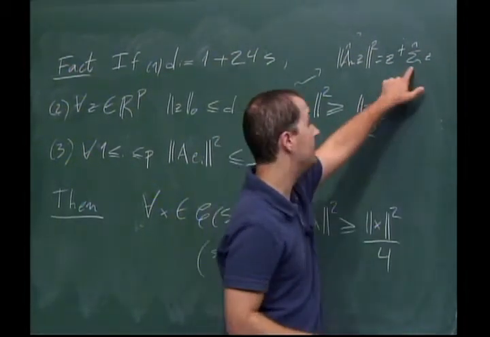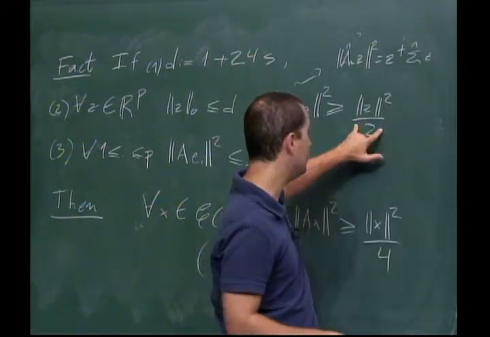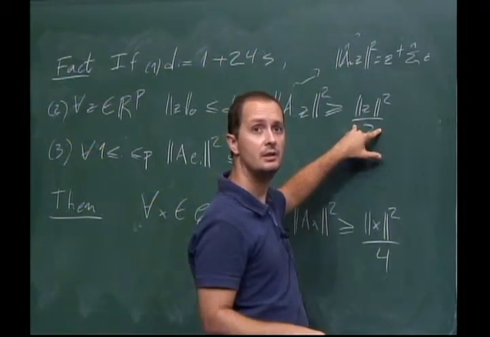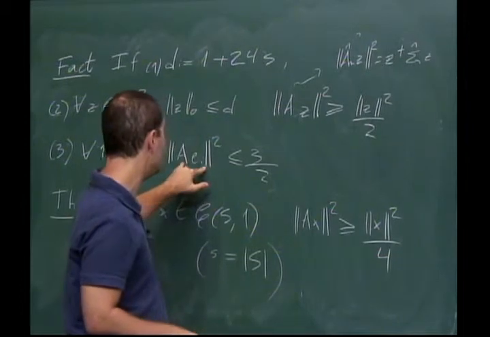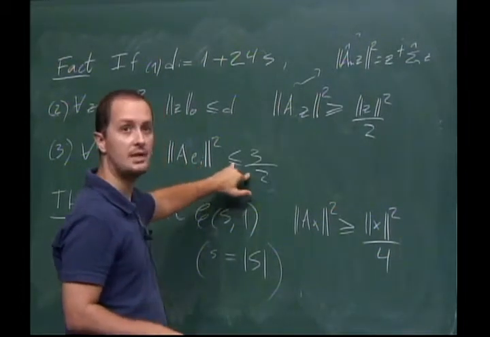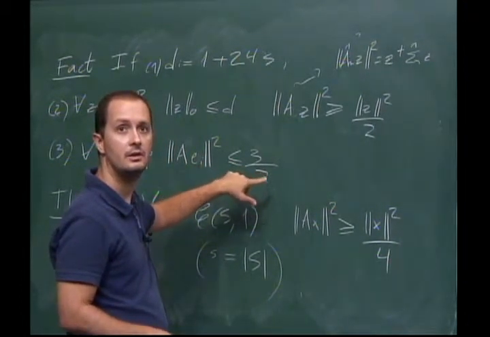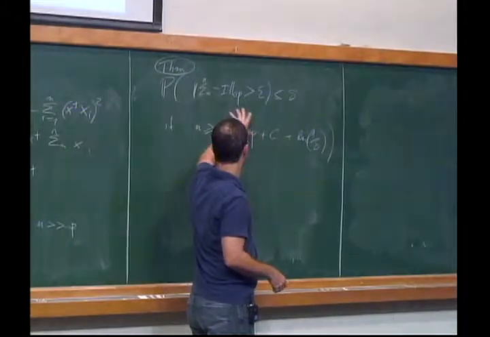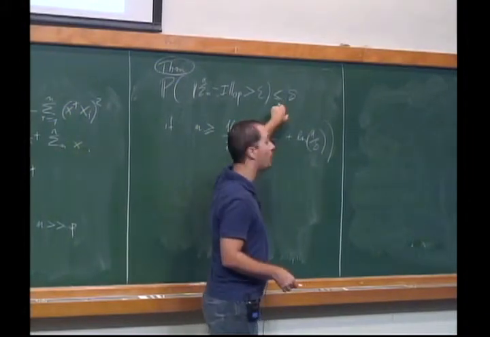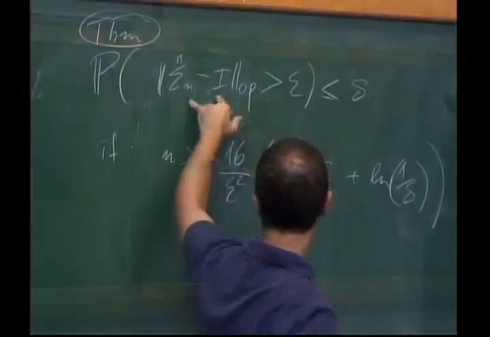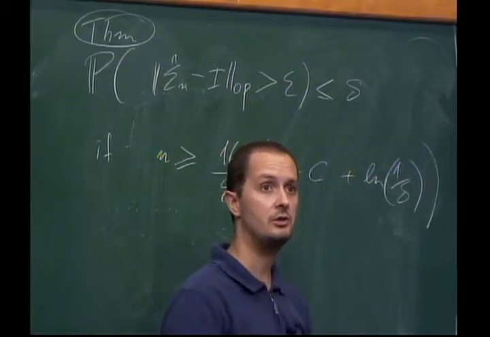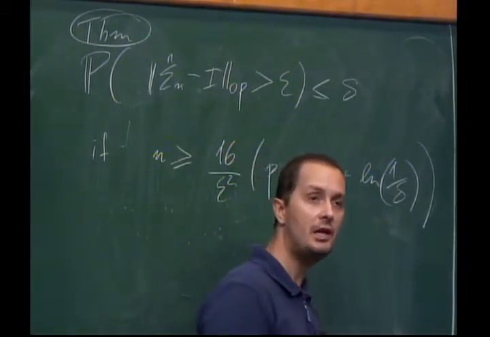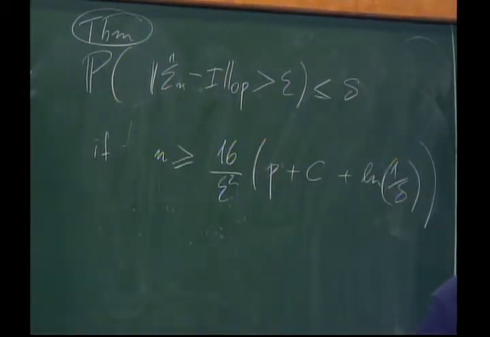So if sigma hat n is close to the identity, then I'm certainly going to get this kind of equality, and also this kind of inequality. So it would be very nice if we could prove that this event has a small probability, meaning that the probability that the operator norm is small is close to 1. That would be very nice, but it actually doesn't work.